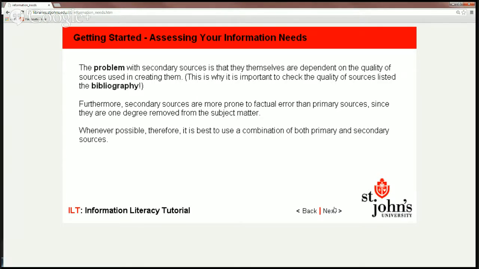So think about what you need in terms of your assignment, and then also think about the combination of primary and secondary sources.